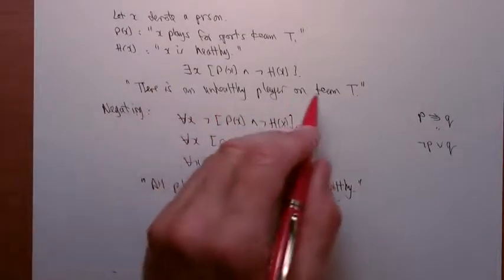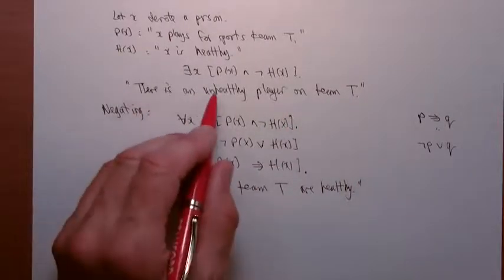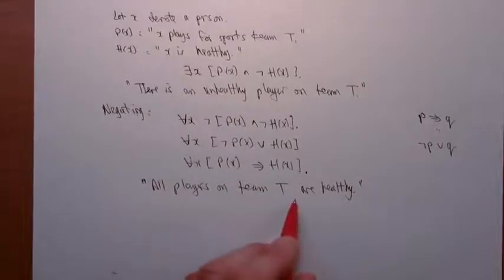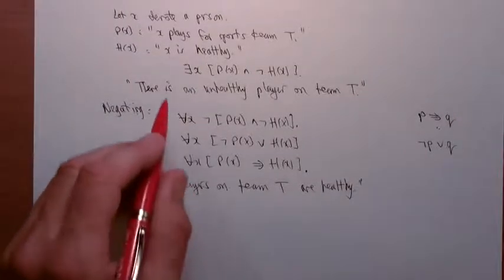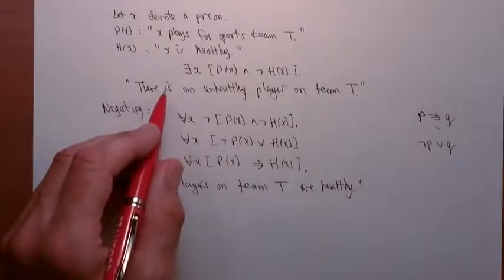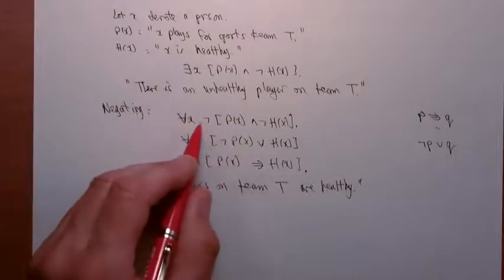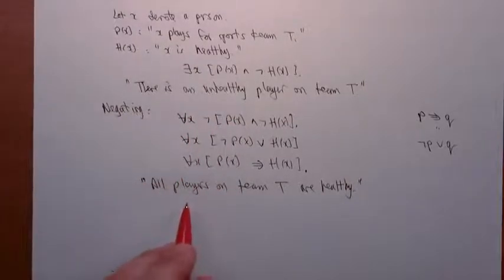There is an unhealthy player on team T. Well, if it's not the case that there's an unhealthy player on team T, then all the players on team T must be healthy. Which is definitely the case. That is definitely the negation of that. And again, let me stress, this is not the way you should do this kind of thing. I'm using this to illustrate how negation behaves with quantification.